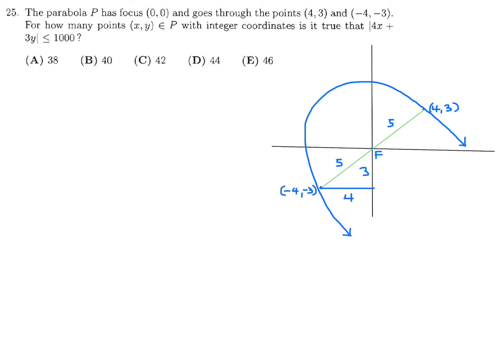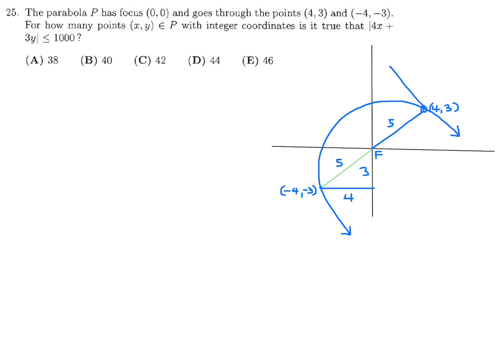Now we have to draw the directrix. So how do we do that? The directrix is basically a line, something like this. It exists such that the distance from any point on the parabola, let's say this point, to the focus is the same as the distance from the point to the directrix.